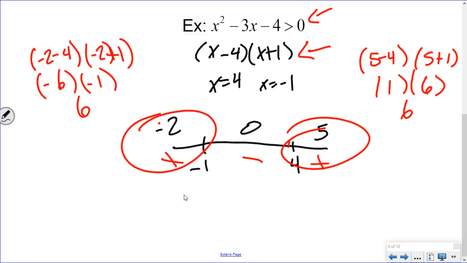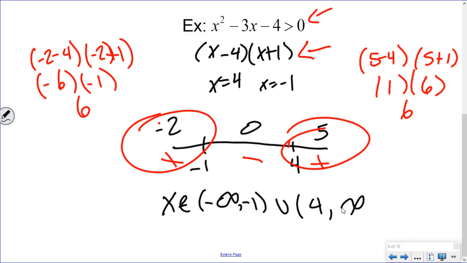So again, what I would do is describe that by saying x is an element of the numbers from -infinity to -1, union with the numbers from 4 to infinity. So exactly the same answer that I had when we were looking at the graph, but just a different strategy to get those numbers.